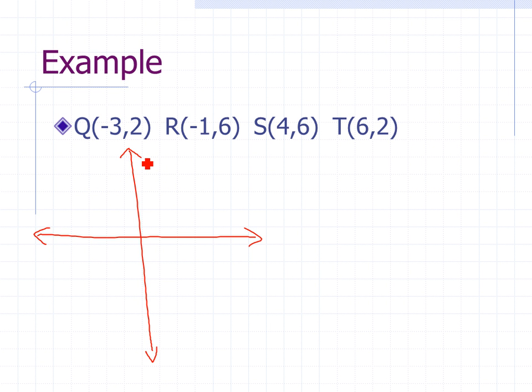So we got -3, 2. That's Q. We got -1, 6. That's R. S is 4, 6. And T is 6, 2.